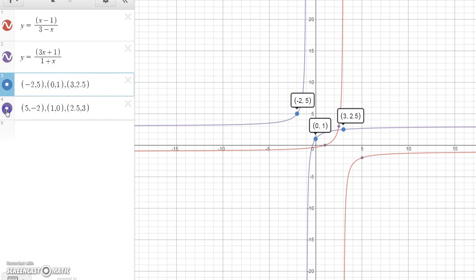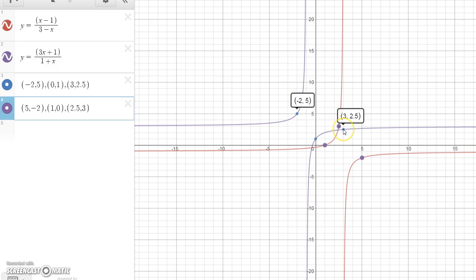So watch what happens. If 0, 1 is on this graph, then 1, 0 is on its inverse, right? If negative 2, 5 is on this graph, then 5, negative 2 is on its inverse.